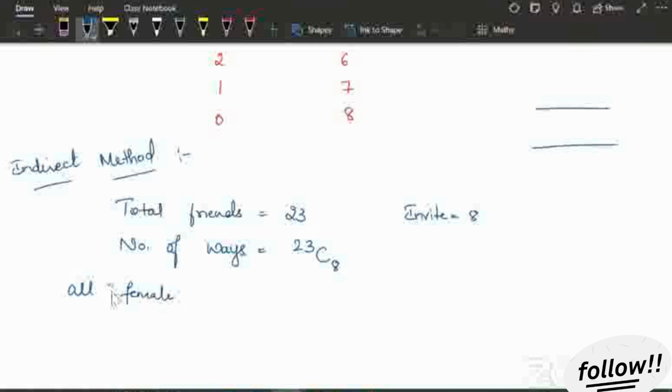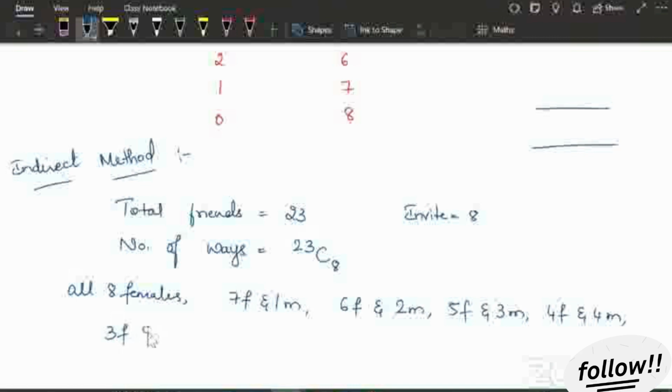It can be all 8 females, or 7 female and 1 male, or 6 female and 2 male, or 5 female and 3 male, or 4 female and 4 male, or 3 female and 5 male, 2 female and 6 male, or 1 female and 7 male.